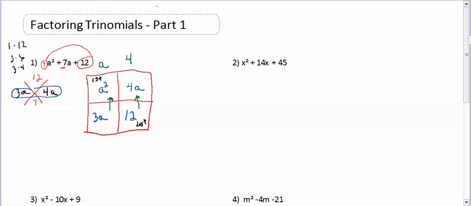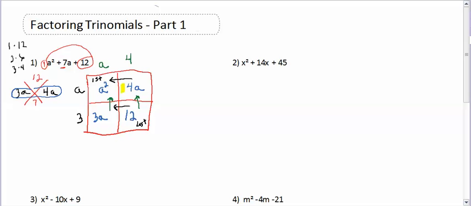Then we're going to go this way. Okay, what do these two have in common? They don't have a number, but they have an a. And then we're going this way. What does the 12 and the 3 have in common? They have a 3. Okay, so the next part of this is we are going to put the sign in where they belong.